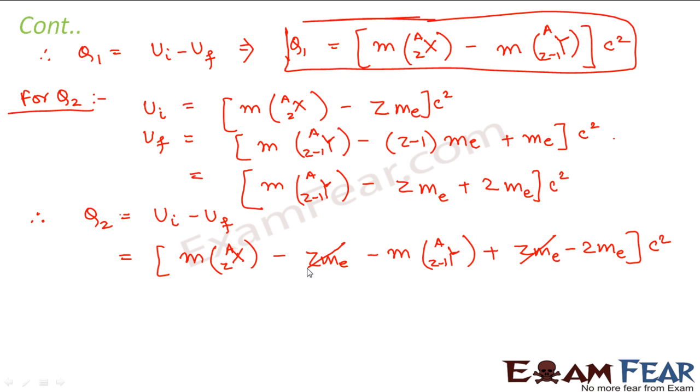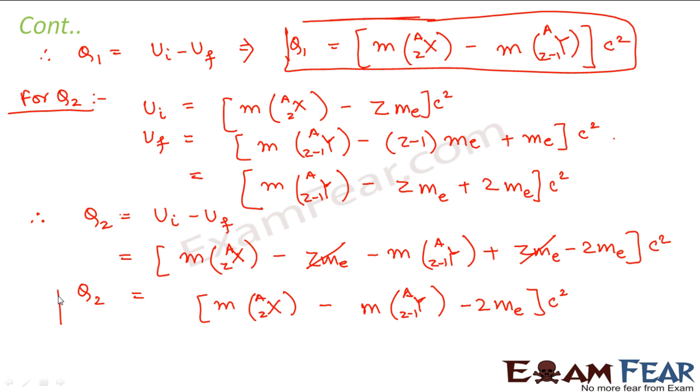So plus Z m_e minus Z m_e will get cancelled. Therefore we get Q2 is equal to the mass of the parent nucleus minus the mass of the daughter nucleus minus 2 m_e into c squared. So this is the Q value for beta plus decay, right?